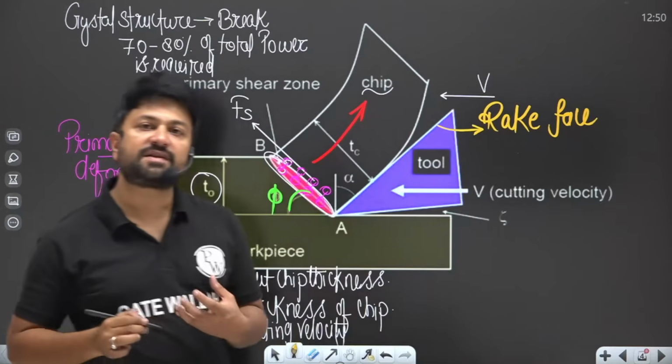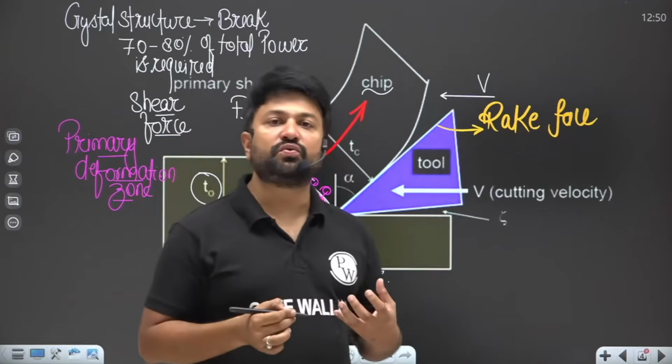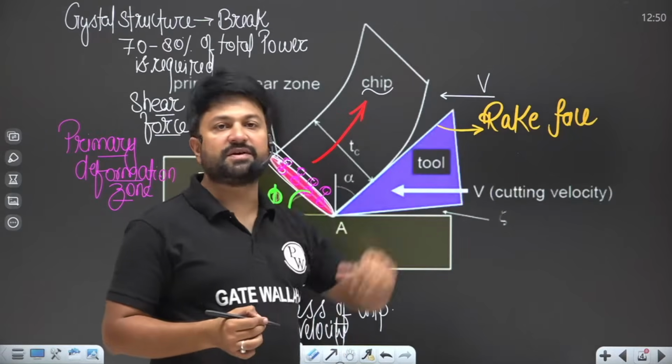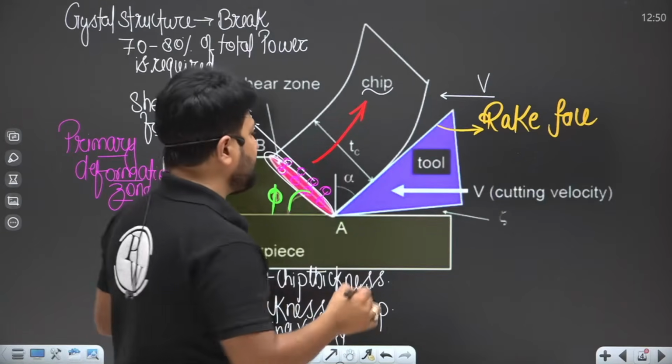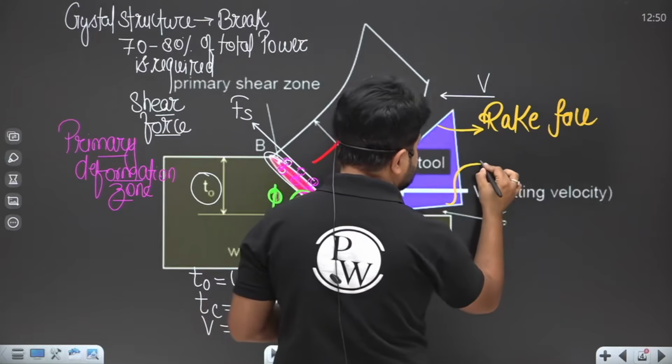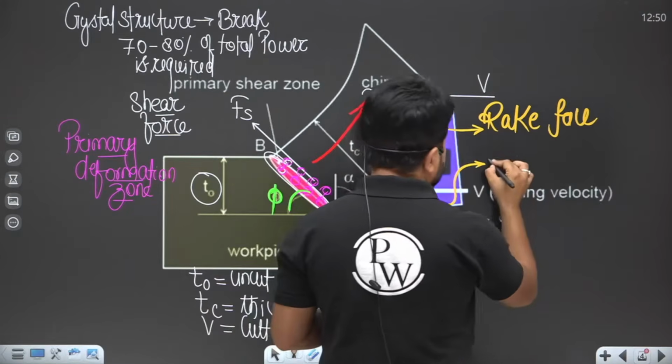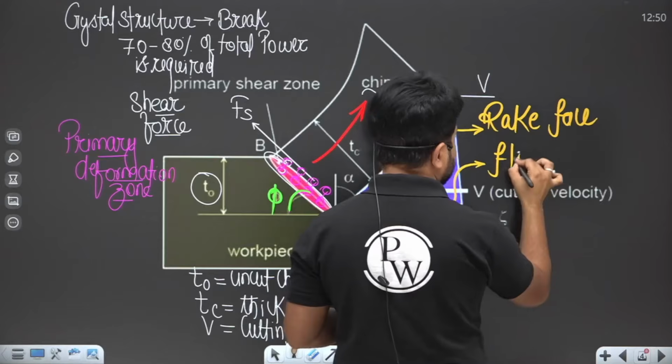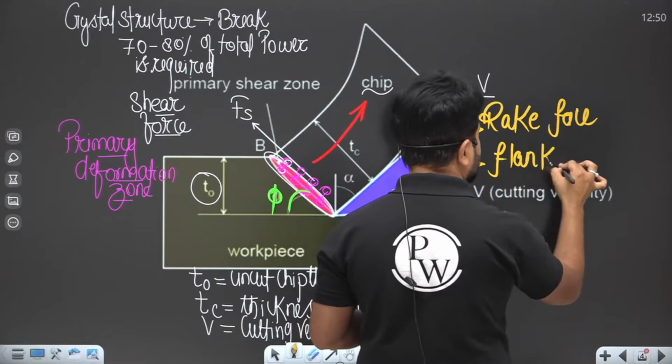What is a rake face? A surface of a tool along which the chip is moving. And the other surface of the tool is known as the flank.